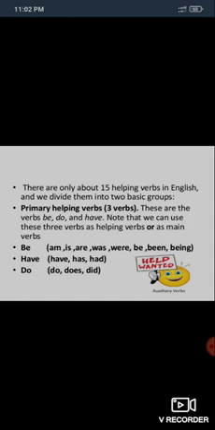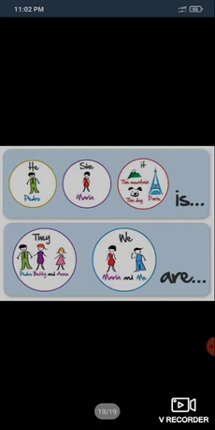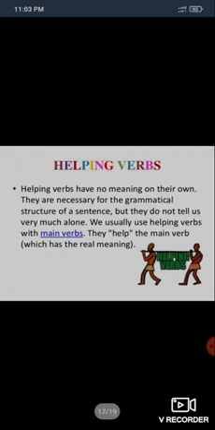The forms of have are have, has, had, and do, does, did. Like he, she, it, with these we use is, and with they and we we use are. So these are the helping verbs, or we can say auxiliary verbs.